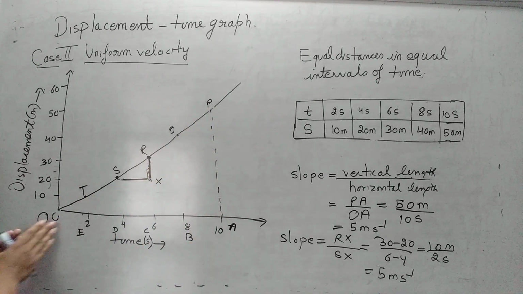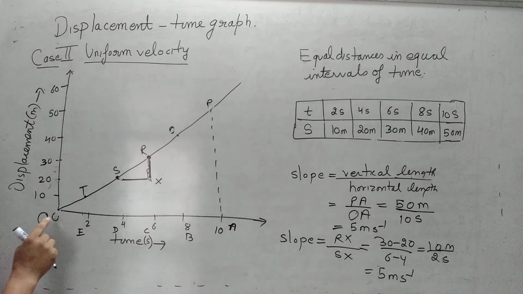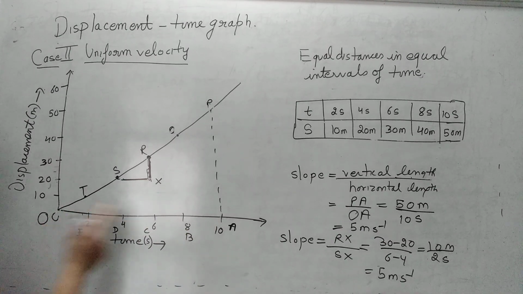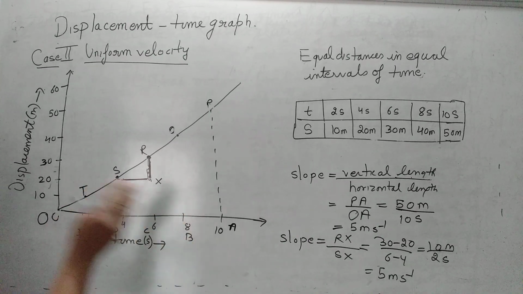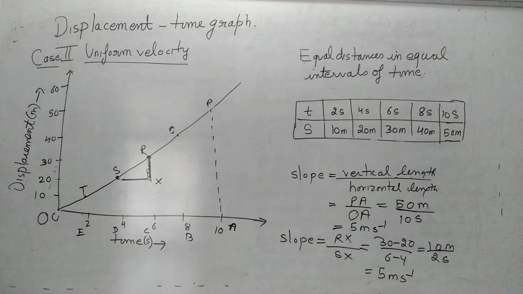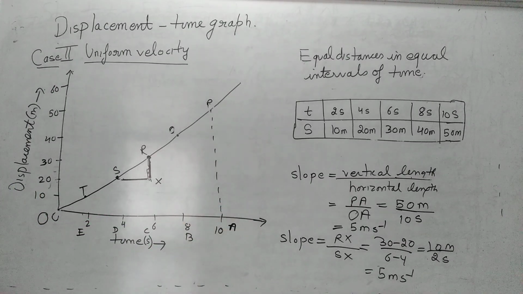In the direction in which the body is moving, in that same direction you have to take the points. Now I will not write 10 minus 0 or 0 minus 10. I have to take in that direction, from initial to final, from O to P, this way. So hence we get the slope and hence we get the velocity of the body.